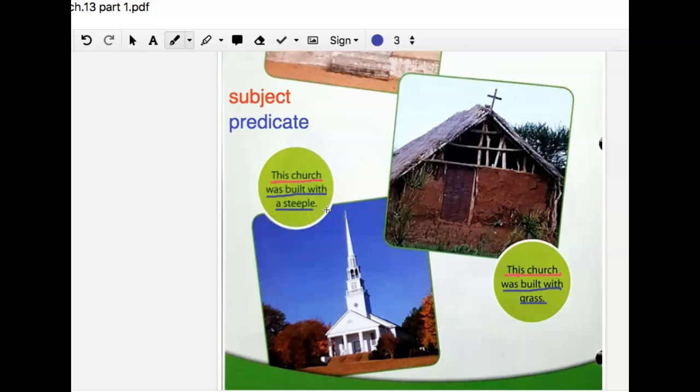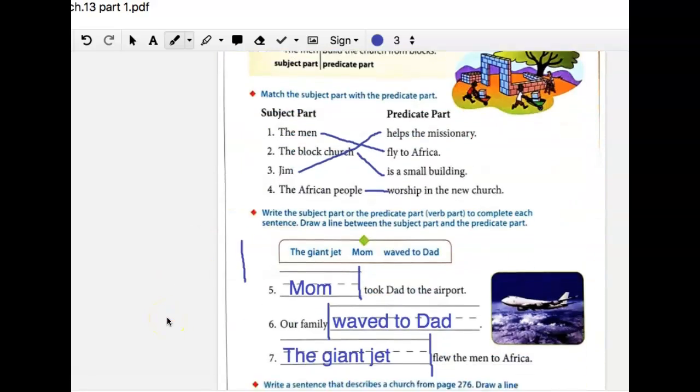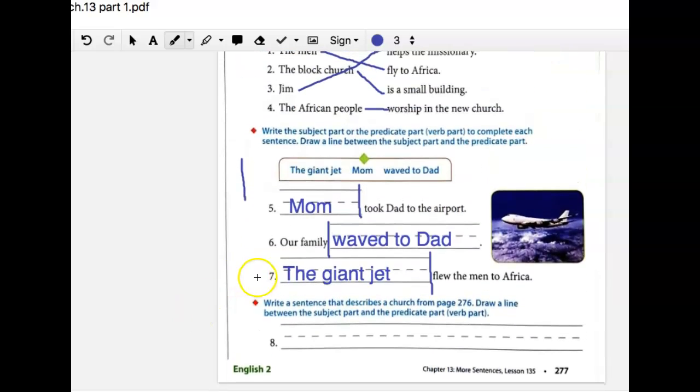So do not copy these sentences. I want you to try writing your own sentence. Maybe you can write about the color, what it's made of, how it looks. And then, just like we did for numbers 5 through 7, you're going to draw a vertical line in between the subject part and the predicate part.